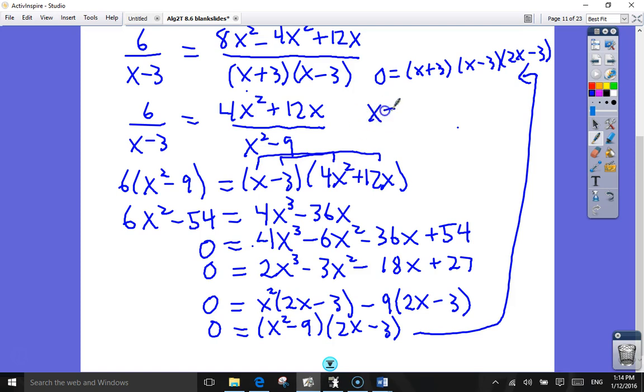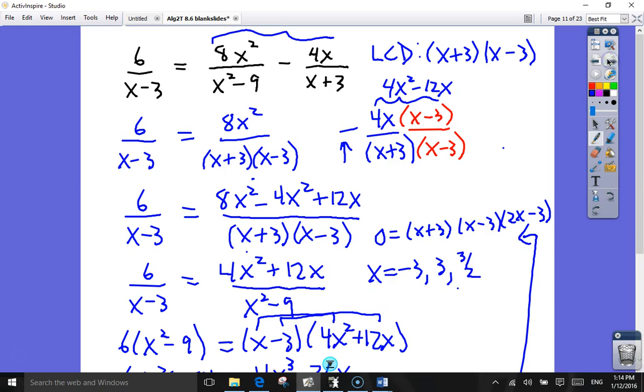Okay, so x equals what? 3 halves. Okay, now we got to check for extraneous. Okay, check these answers here, up here. Any extraneous? Both the 3 and the negative 3 are extraneous.